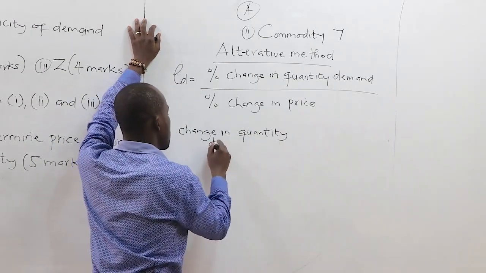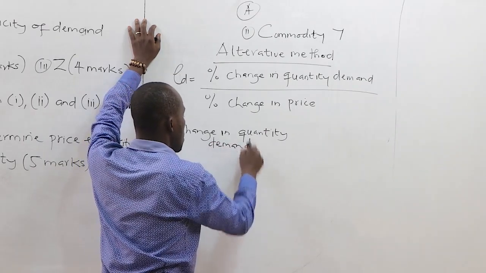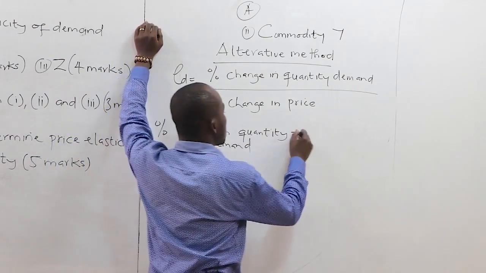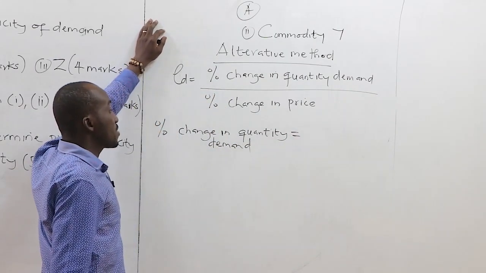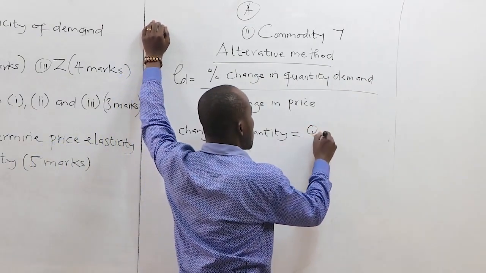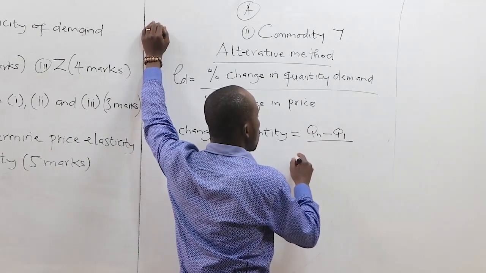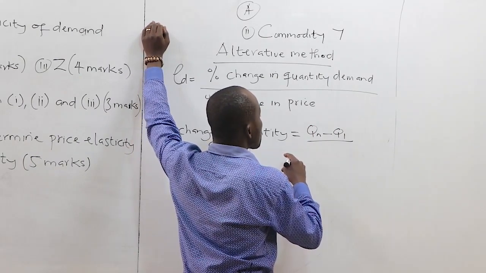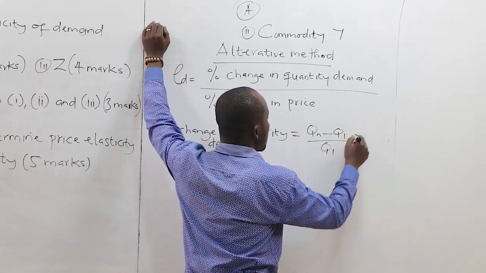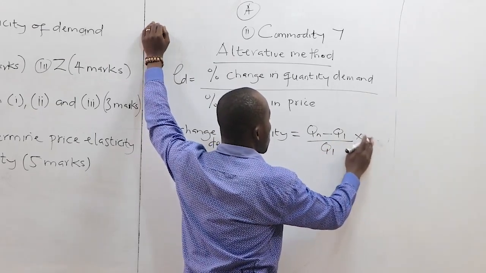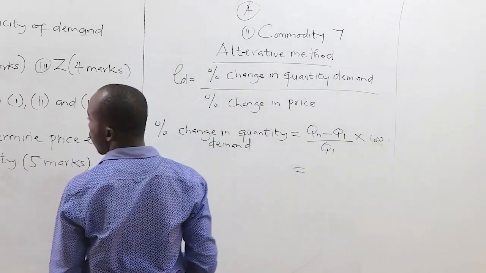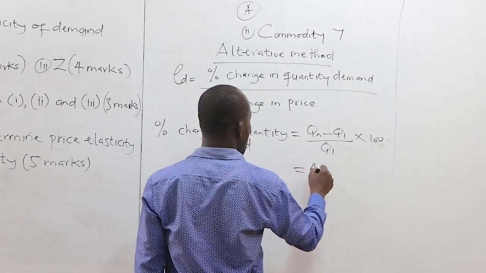the percentage change in quantity demanded is equal to the new quantity minus the initial quantity, over the initial quantity, times 100. So the new quantity now is 40.